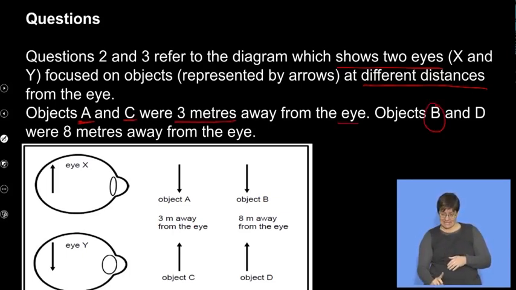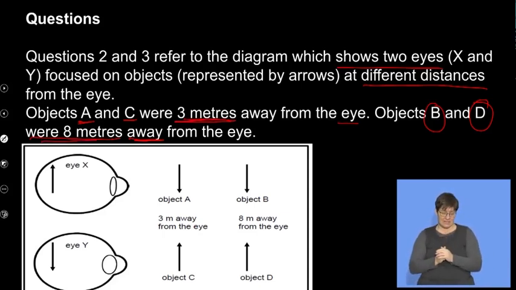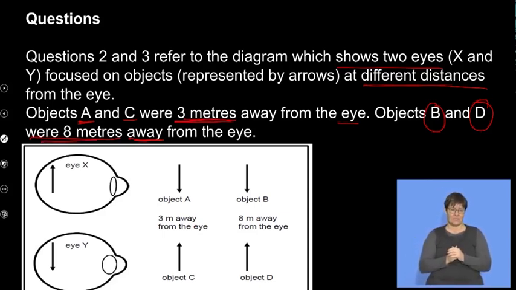Objects B and D were 8 meters away from the eye. The 3 meters is less than 6 meters, and 8 meters is more than 6 meters, which means object B and object D are far. Object A and object C are near.